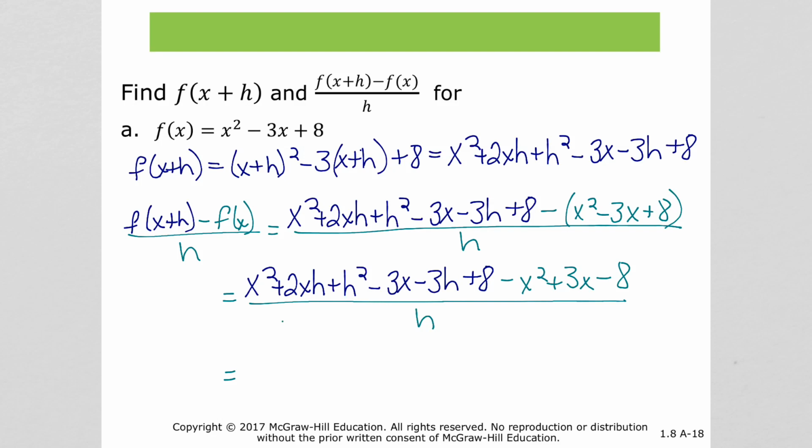And notice yet again we have things that go away when we combine like terms. So we've got 2xh plus h squared minus 3h over h. Notice on the top, you've got an h in every term.